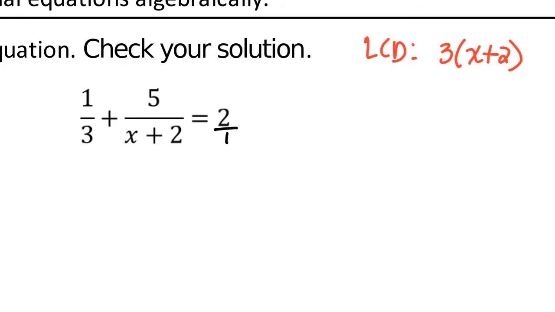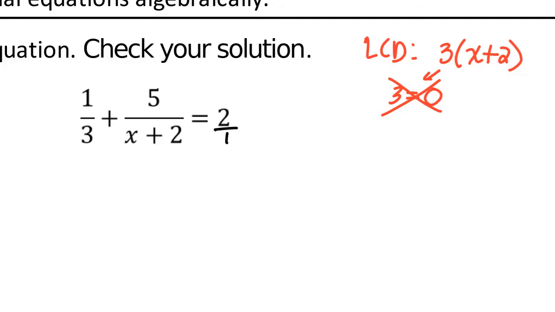Then for the excluded values, remember you're trying to figure out when would the denominator be 0 by making each part of the LCD equal 0. So in this case, I have the 3. If I make that equal to 0, I can't really do anything. I don't have an x, so that doesn't make any sense. 3 does not equal 0.